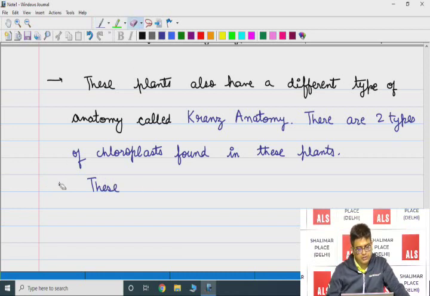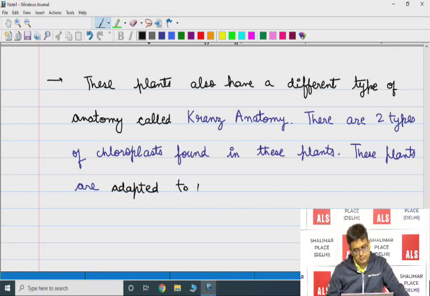In continuation, please write down after this: these plants are adapted to hot and dry climates.